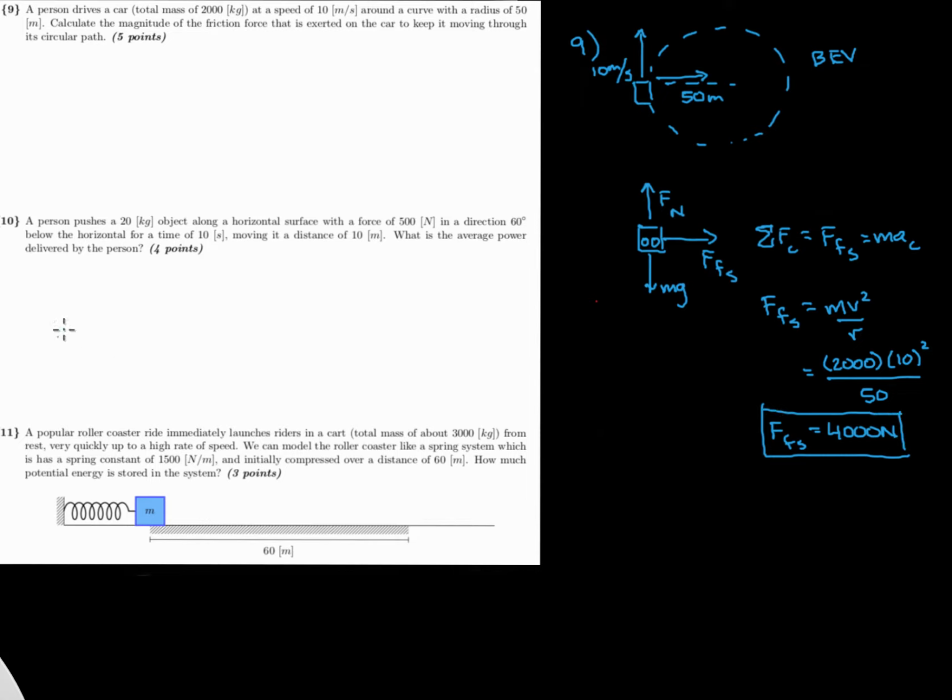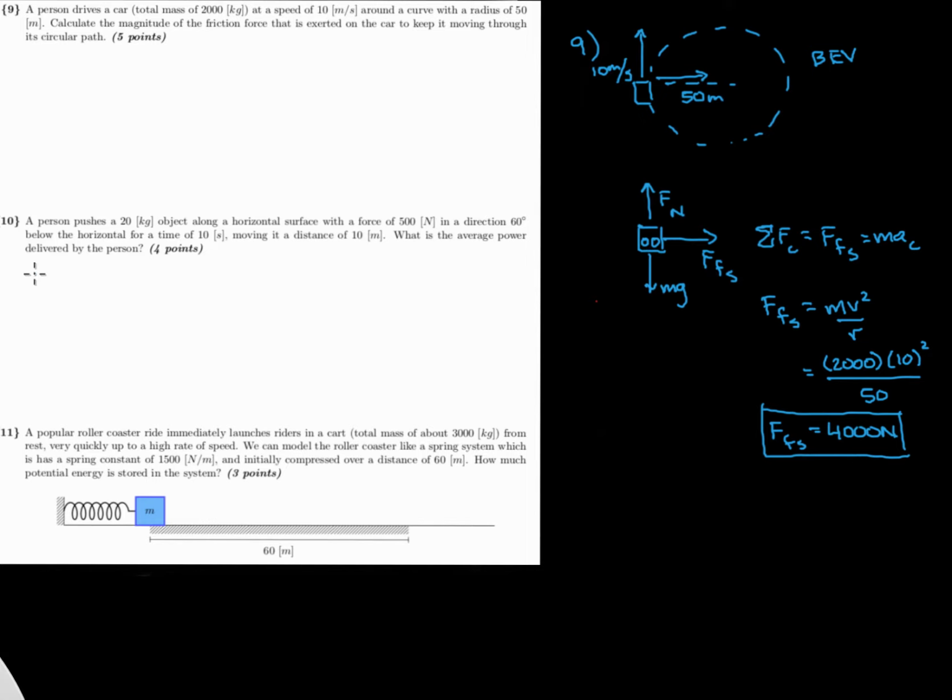Okay. Number 10, a person pushes a 20 kilogram object along a horizontal surface with a force of 500 newtons in a direction that's 60 degrees below the horizontal for a time of 10 seconds, moving a distance of 10 meters. What is the average power delivered by the person?